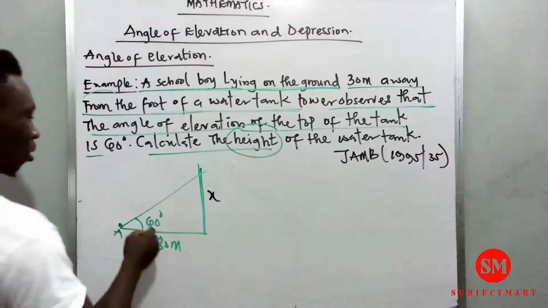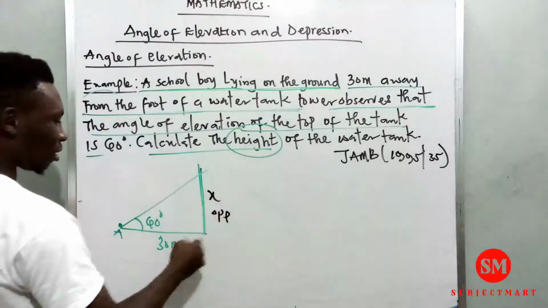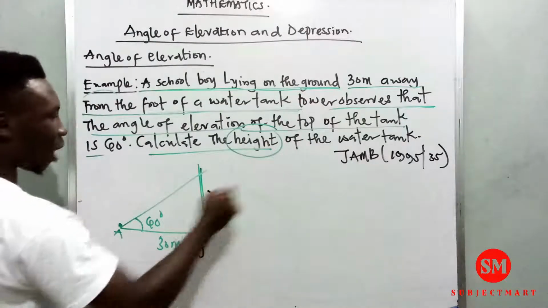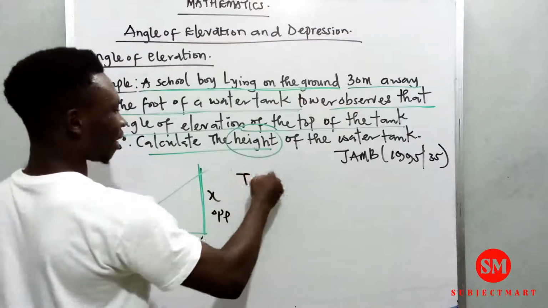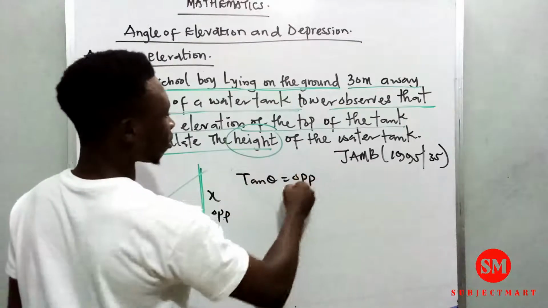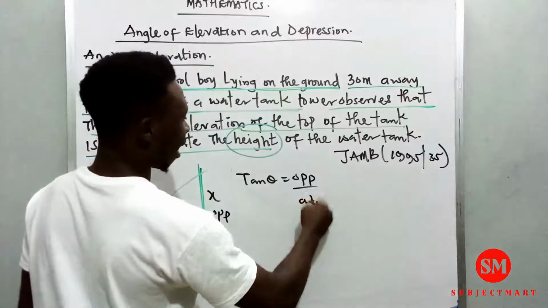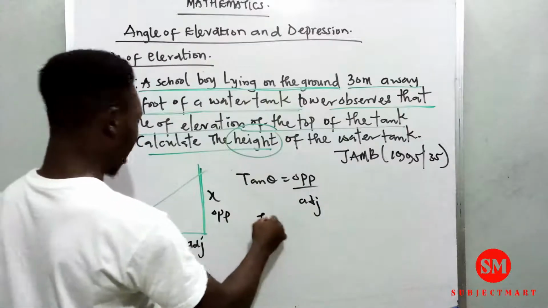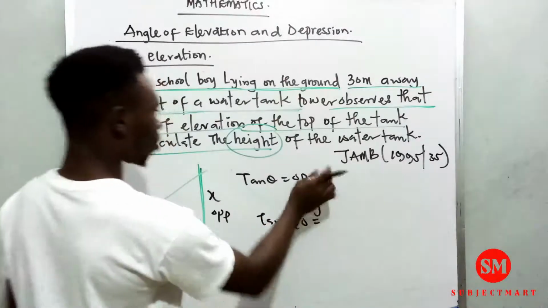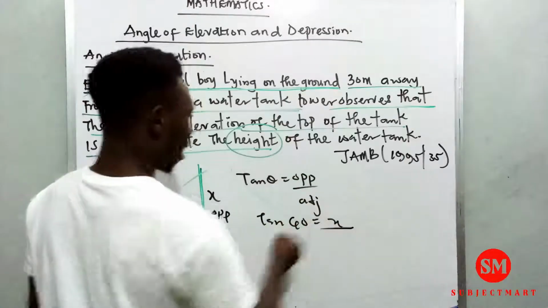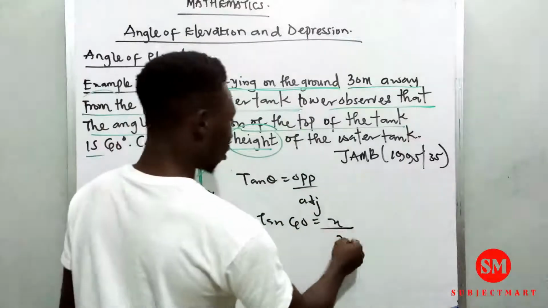Now what is the relation? This is our opposite. This is our adjacent. Our relation here is going to be what? Tan theta is equal to opposite over adjacent. So tan 60 degrees is equal to, your opposite here gave us x over 30.